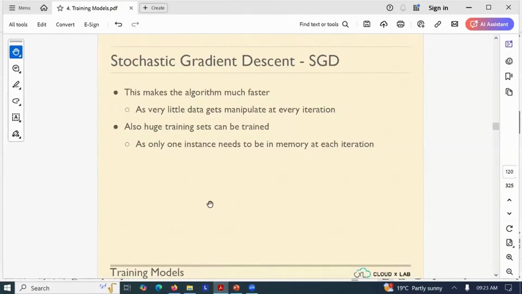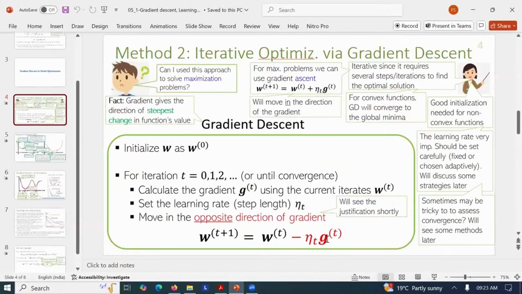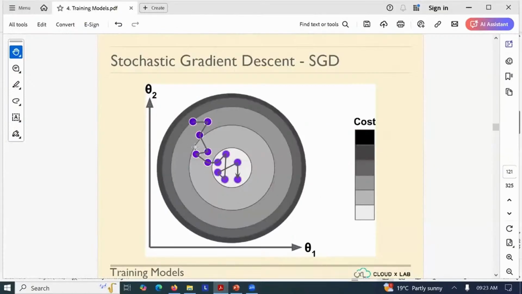But the problem is, since we are computing the gradient using just one example, that gradient will be noisy, because it is not the actual gradient. We are calculating it using one single example, so we will follow a zigzag path.